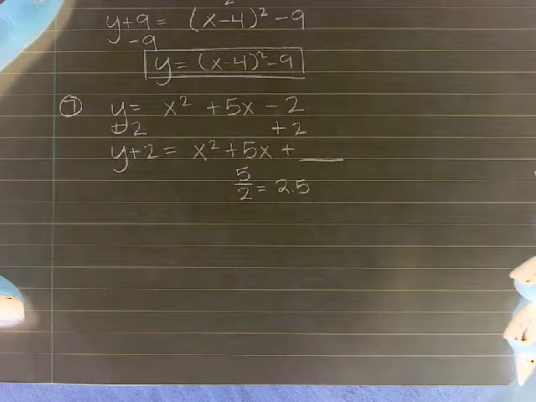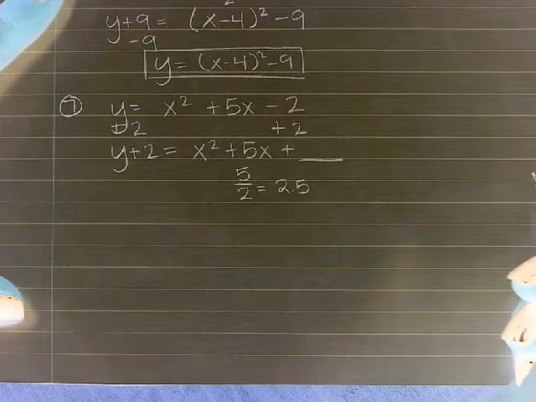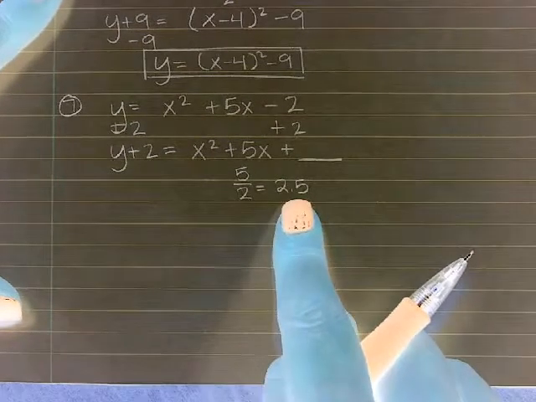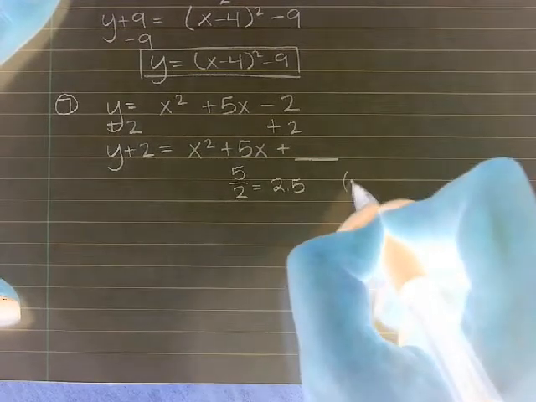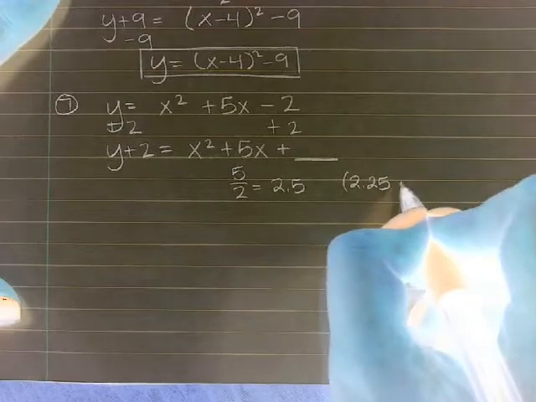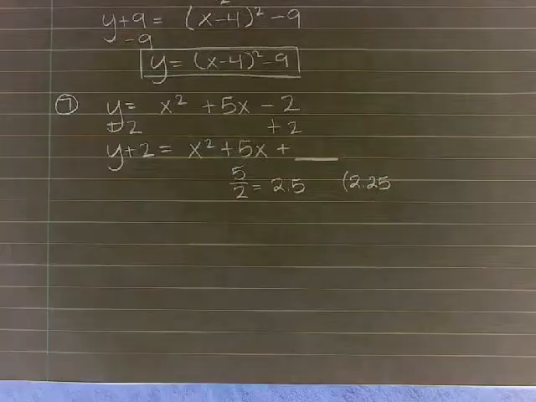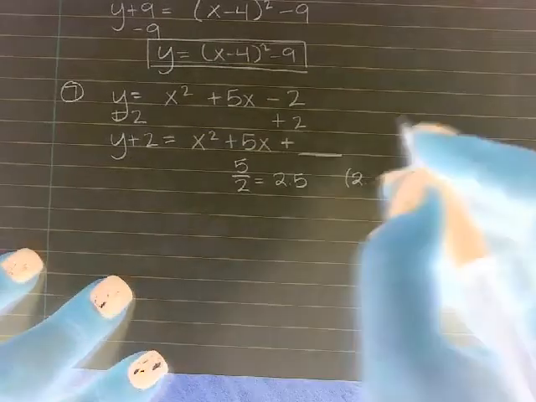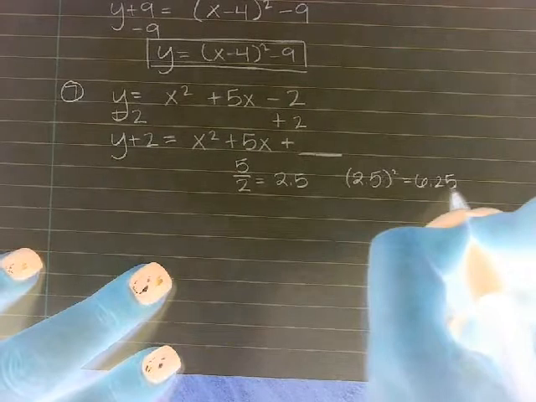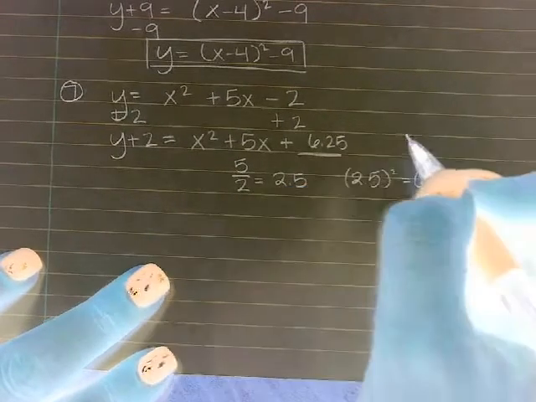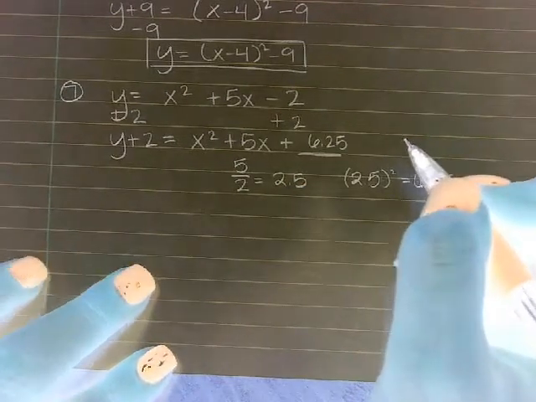Perfect. So let's slow it down a little bit. So we divided by 2, we got 2.5, and what do we do with that? We square it. And what is 2.5 squared, goodness gracious? 6.25. It's not 19, right?